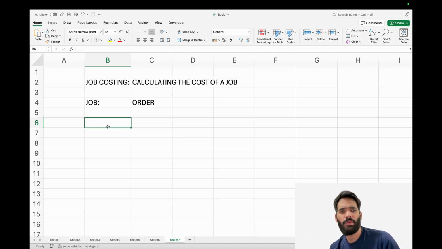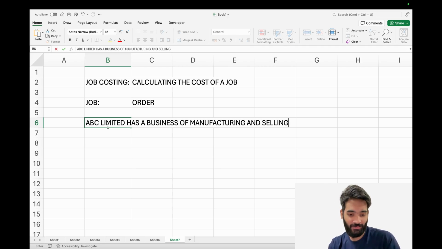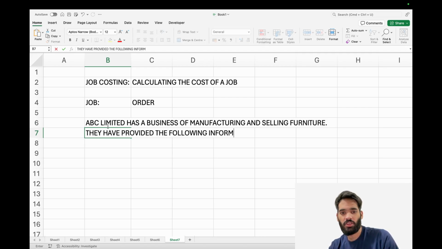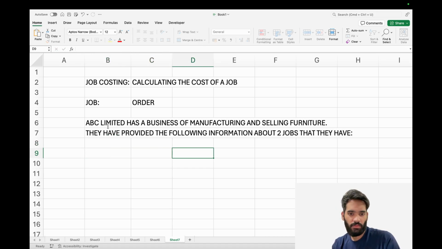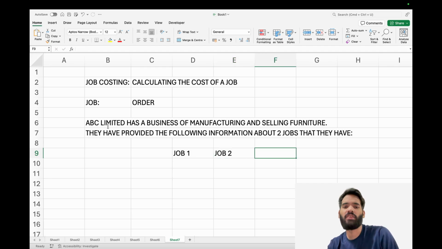Now let me quickly make a question so you can see how we solve a job costing question. Let's say ABC Limited has a business of manufacturing and selling furniture. They have provided the following information about two jobs: job 1 from one customer and job 2 from another customer.